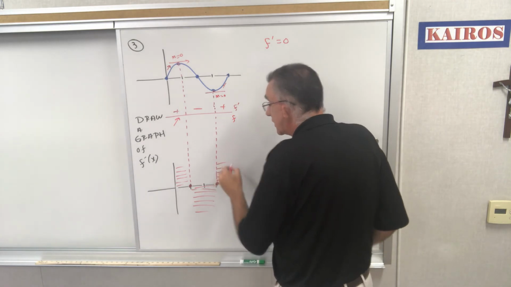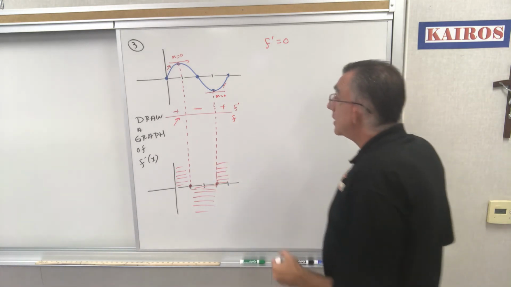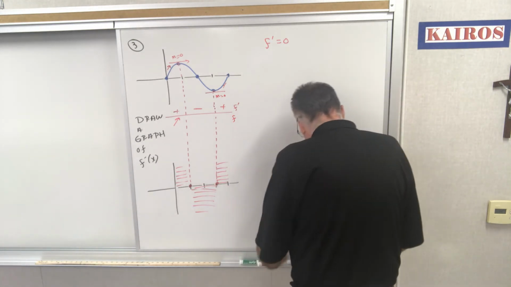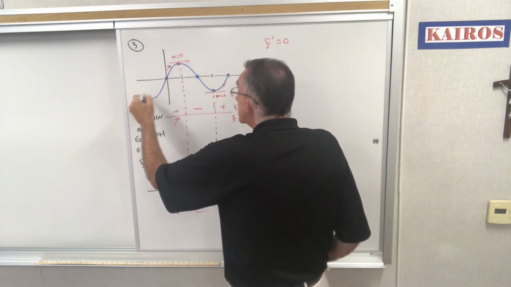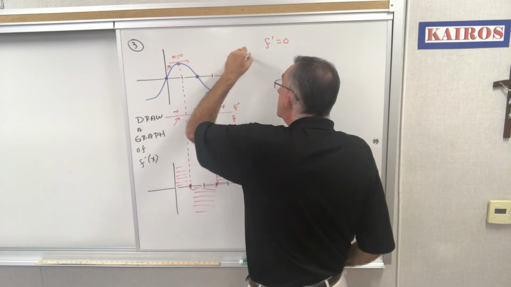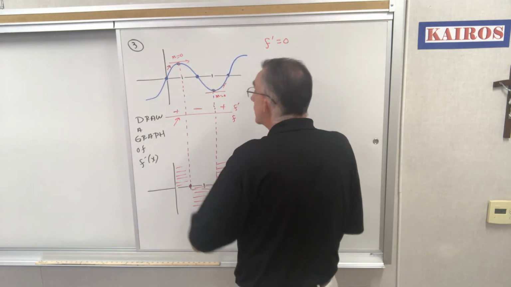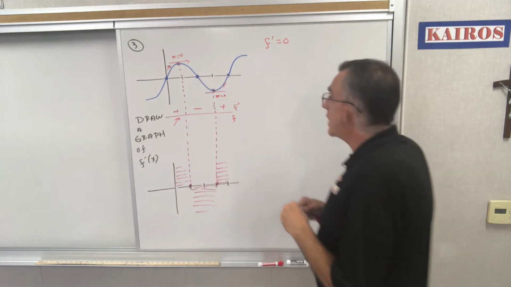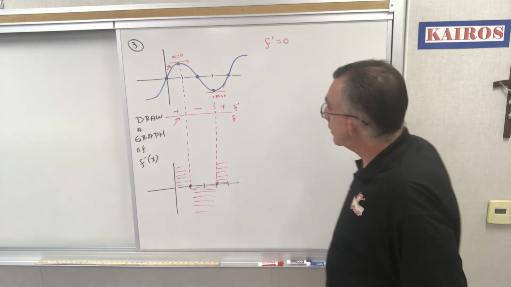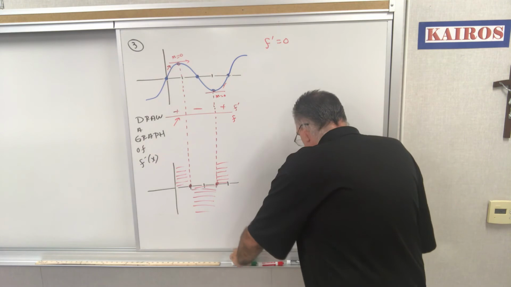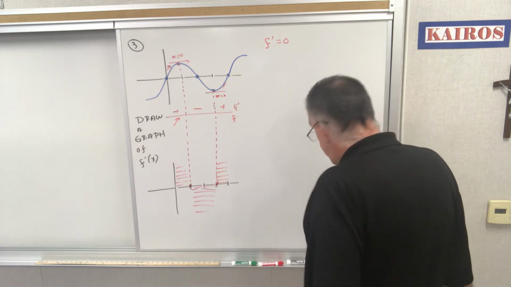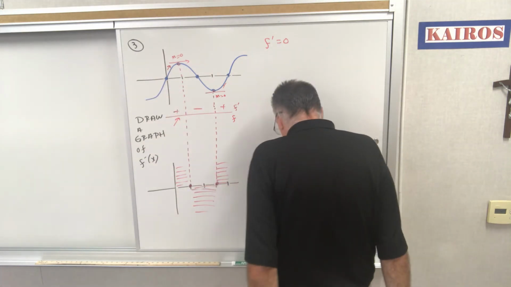So the graph has to be there. Now, just for the sake of discussion, let's assume this is a sine wave like we think it is. And I'm going to add this part here, but we're not going to graph that part. But I put it there for a reason. So let's continue on here. And maybe we will graph it in a second.